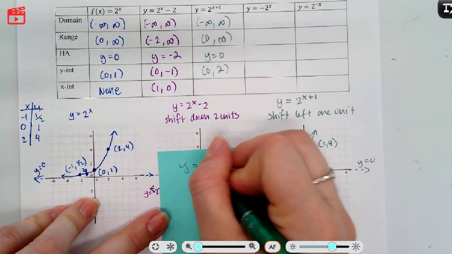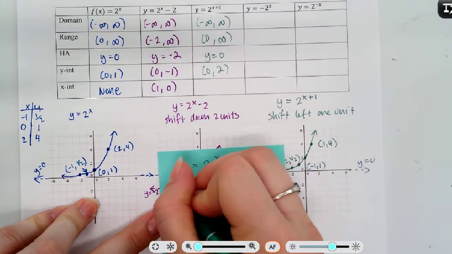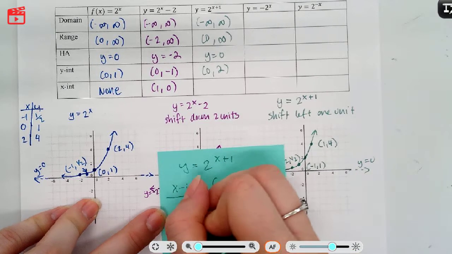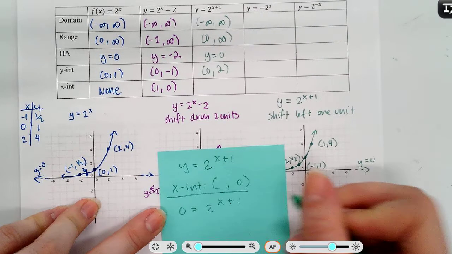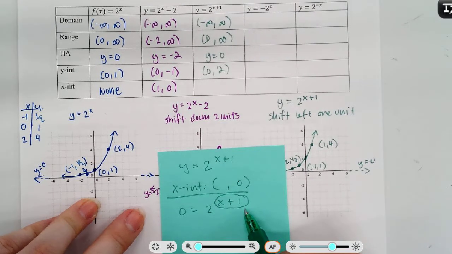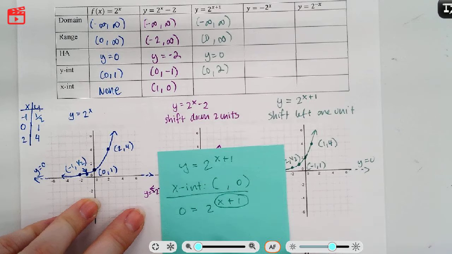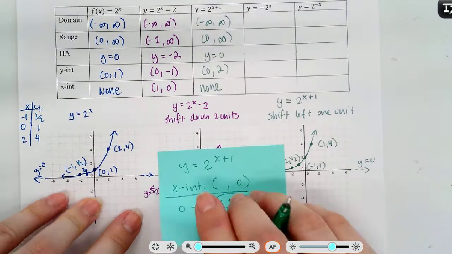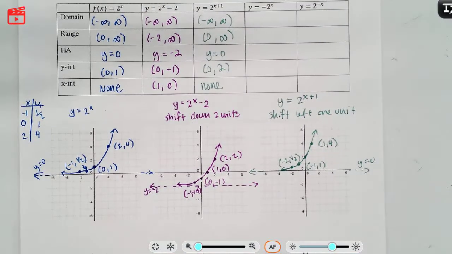So, using our function, we're going to set y to 0. Same problem here. There is no value I can raise 2 to end up with 0. So, none.